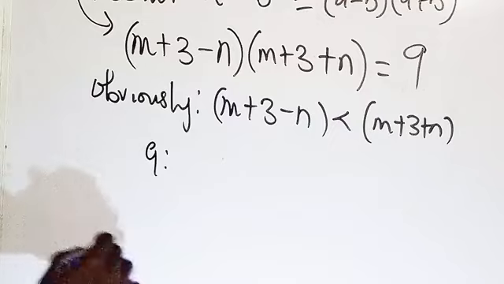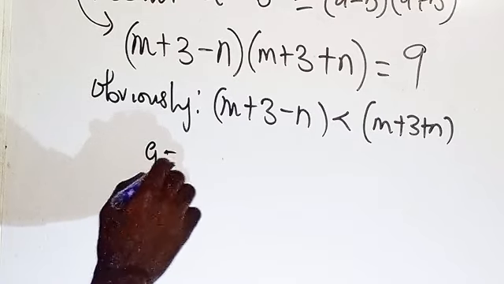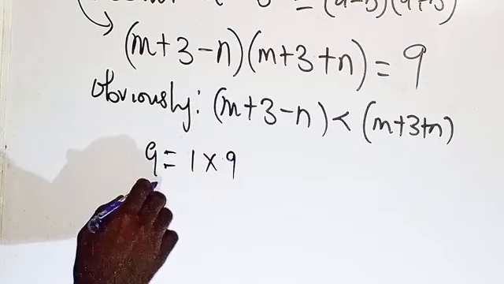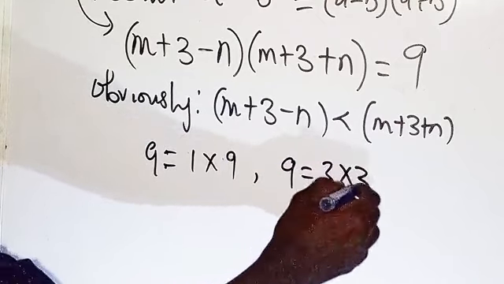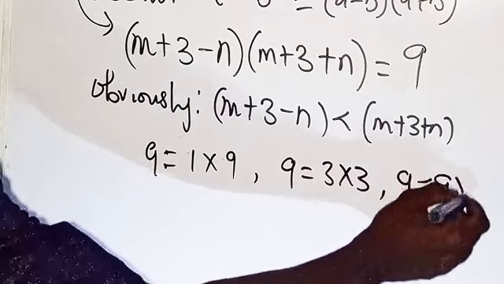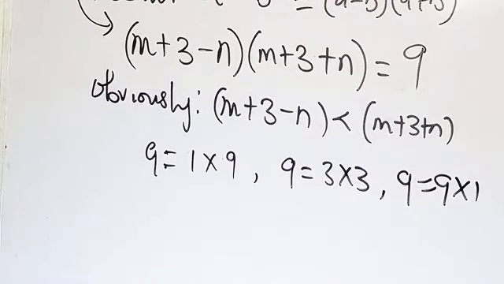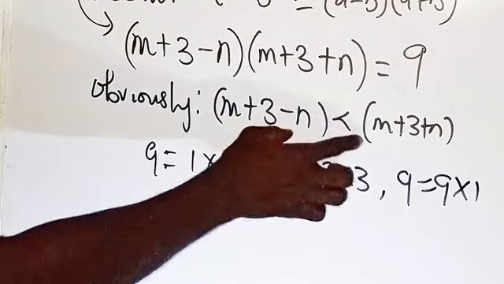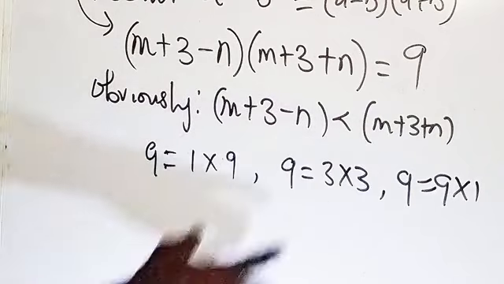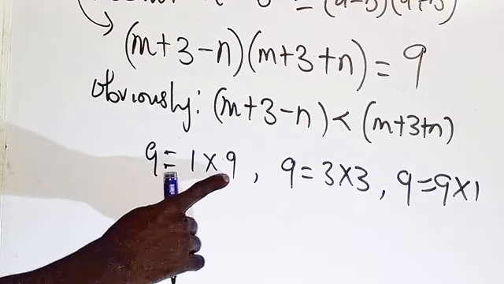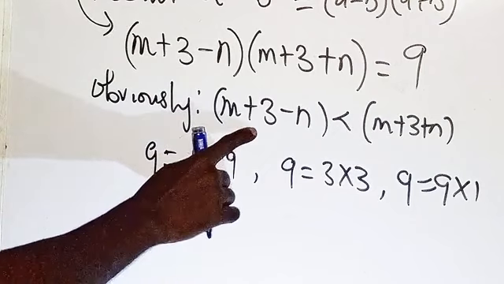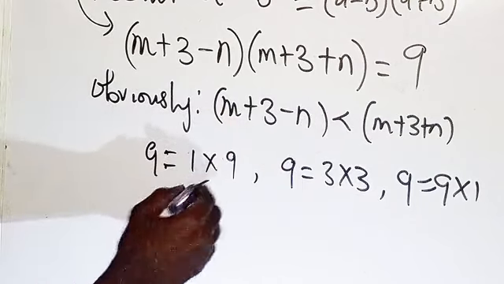We know that 9 can be expressed as 1 times 9, also 3 times 3, and also 9 times 1. We are going to pick the one that correlates with what we have here. 1 is smaller than 9, as this is smaller than this, so we're going to pick this one.